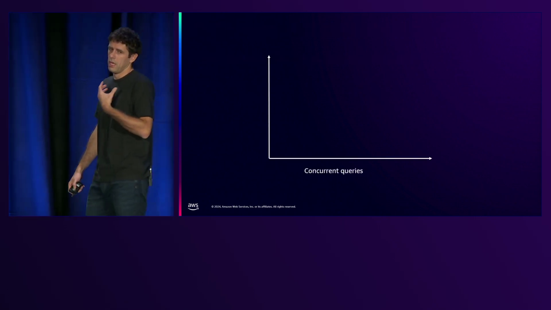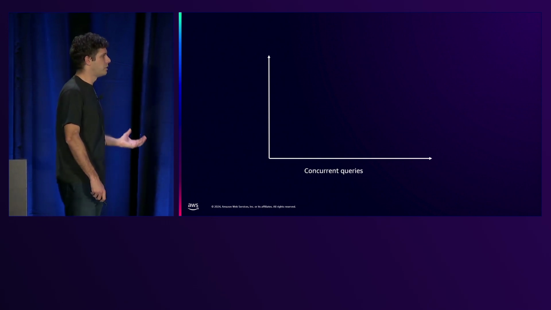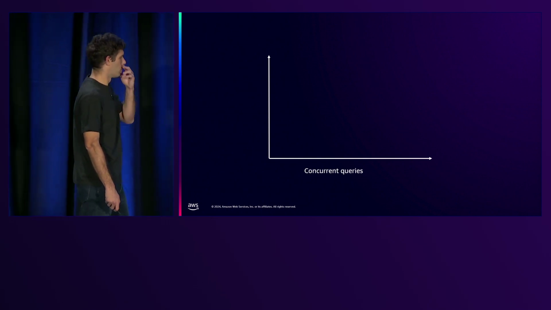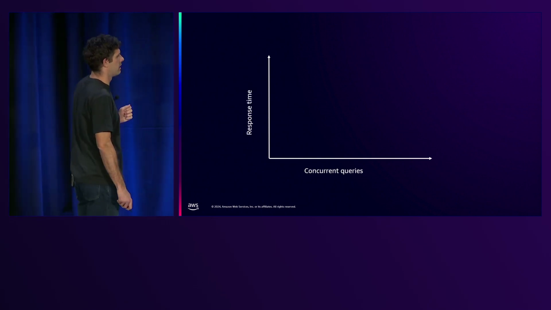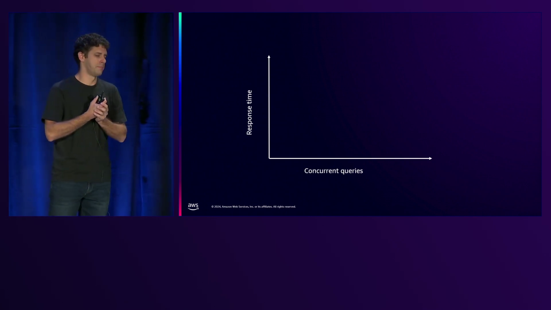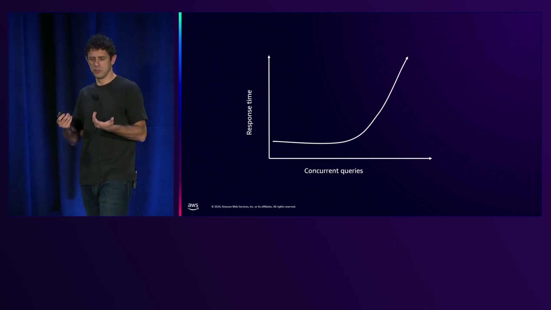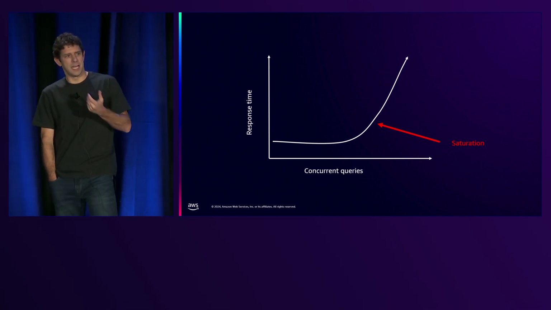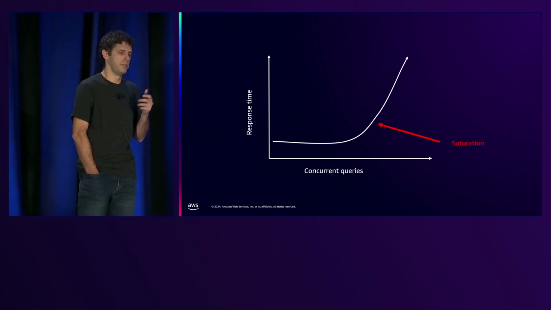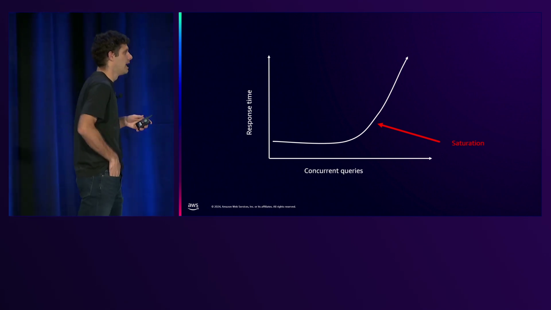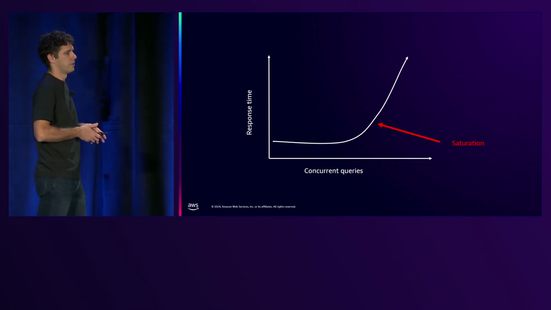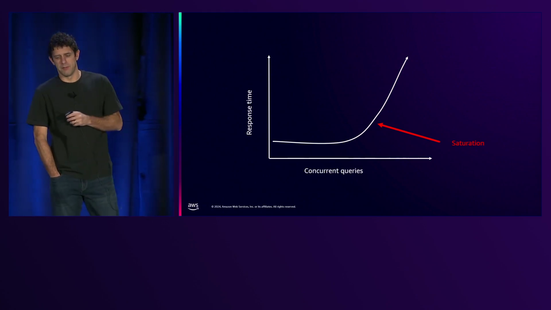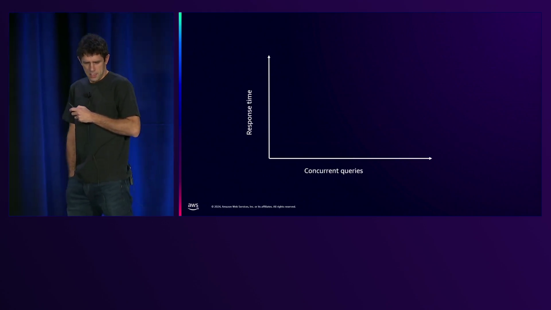If you think about databases generally, as you have more concurrent queries or more data in your system or bigger reads, what happens to response time is usually you see some sort of curve like this, where at some point you're going to be saturating a key resource, whether that's CPU or memory or disk, and now your response time is really going to spike, right? And you're going to have much slower response times there.